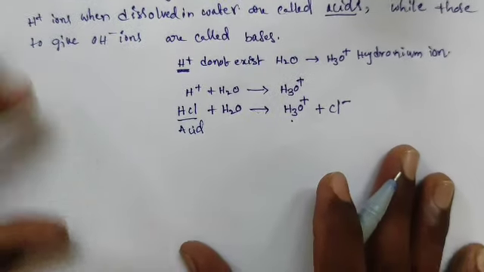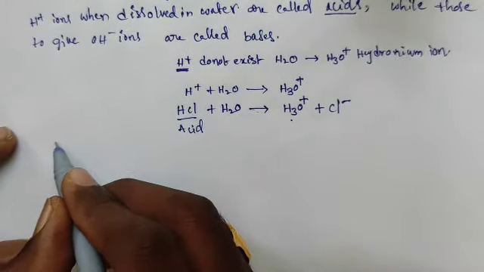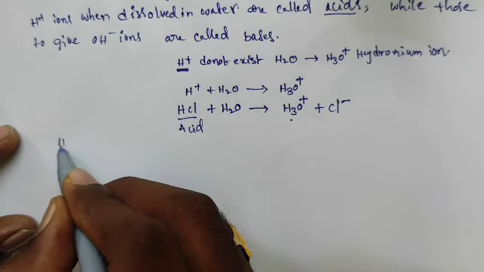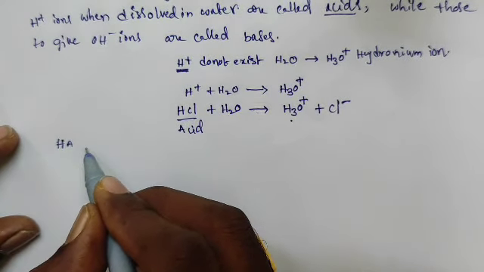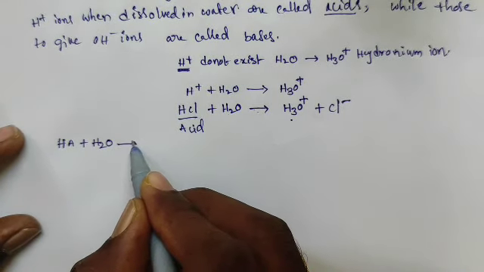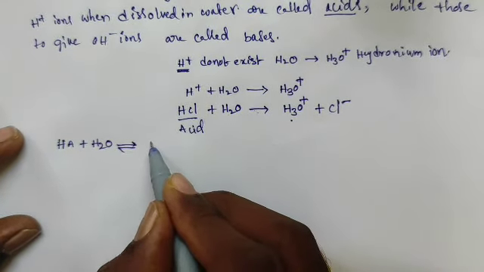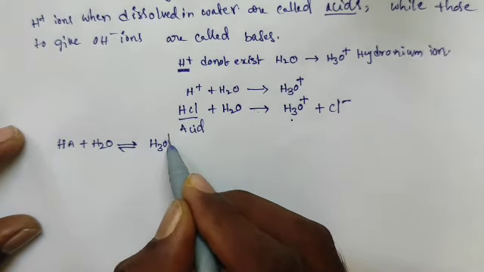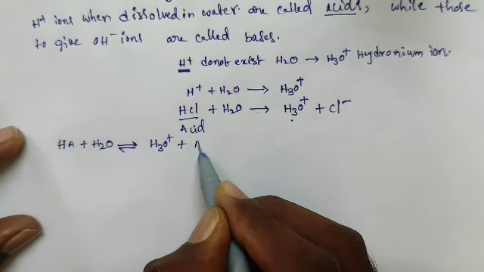Next, some examples. HA, acid plus water gives rise to H3O plus plus A minus.